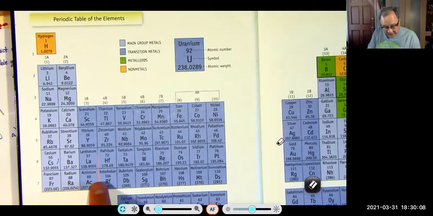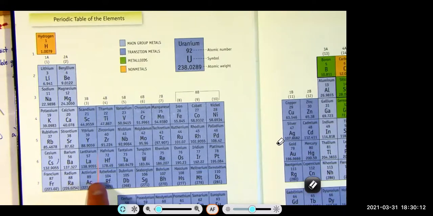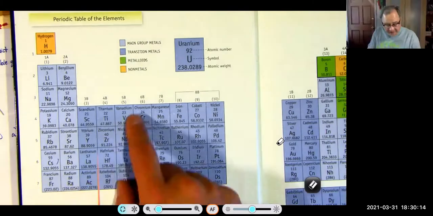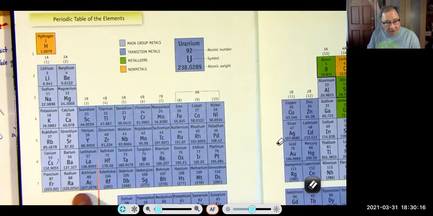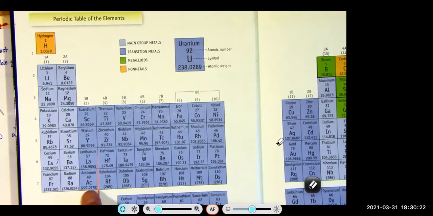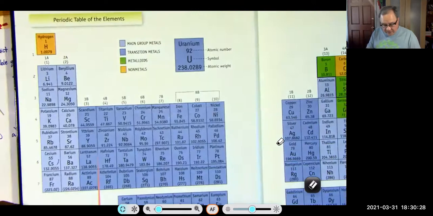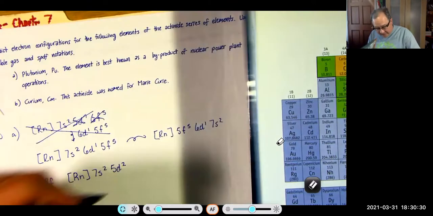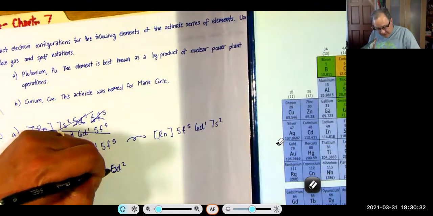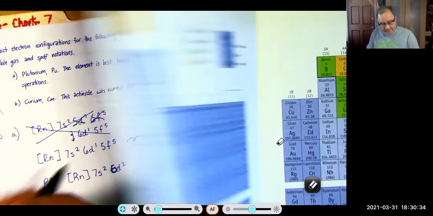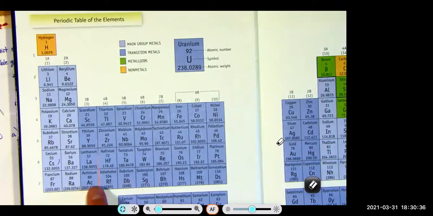Is this a 5D or 6D or what is that? A 6d. Okay, 3, 4, 5, 6D. How far over in the D's is it? 2. So 6d2.